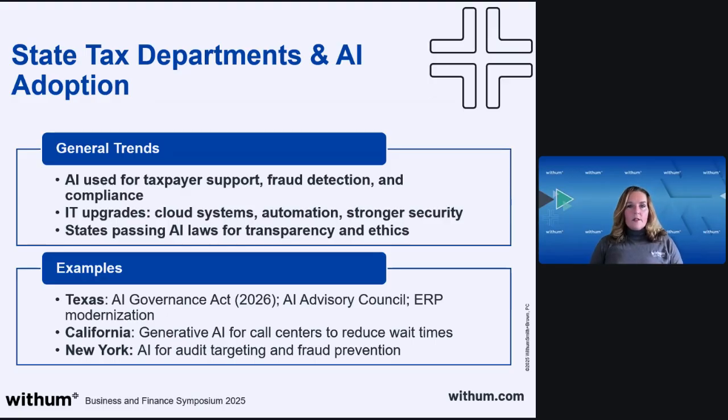So states are developing laws, and for the most part, the state tax departments are using AI to be more efficient, potentially help with fraud detection and compliance, and those manual tasks of finding errors in returns. They're using AI for that potentially, but they don't want to have any personal information in the AI tools. So look for a lot of talk about AI and state legislatures passing laws related to protecting taxpayer information.